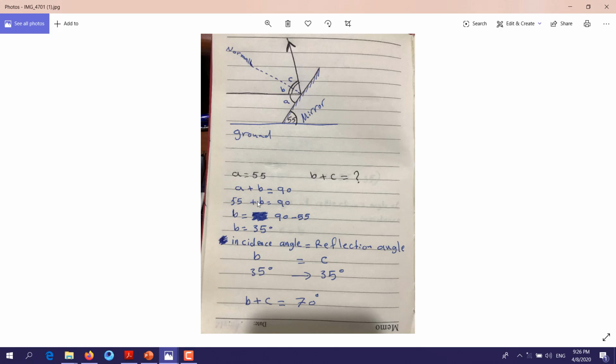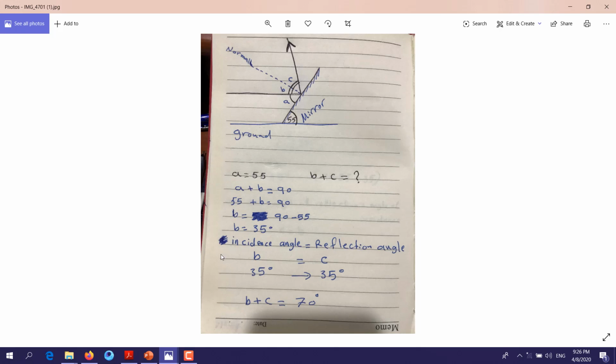Now we can put the variable on one side and the numbers on the other side. So B equals 90 minus 55, equals 35. Now angle B is 35 degrees. We found the first part of the question, or half of the question.